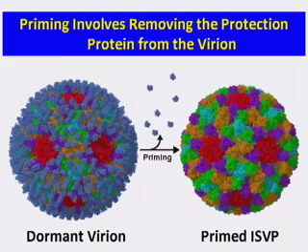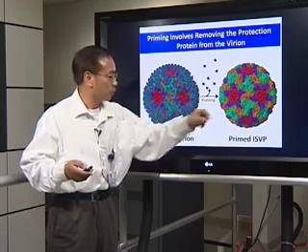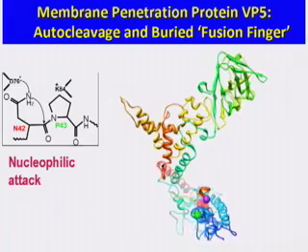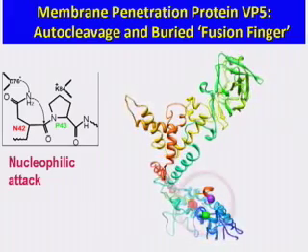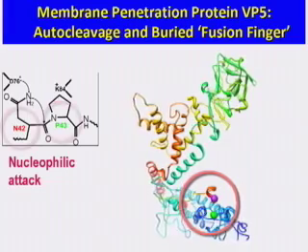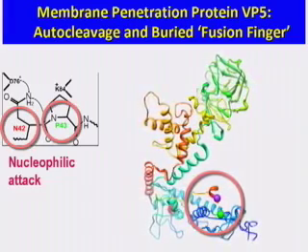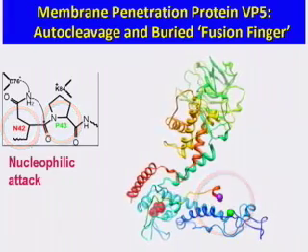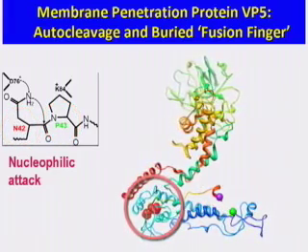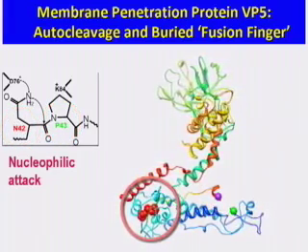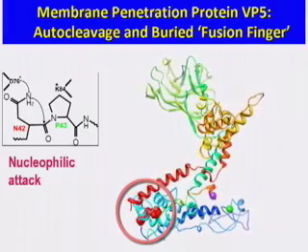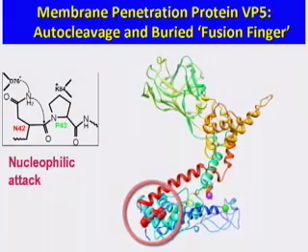And if you zoom into the VP5 protein on the outermost region of the SVP, as shown here, we can see that the protein is cleaved at amino acids 42 and 43. Interestingly, we also observe that the fusion finger, as shown here in red, remains buried in the protein after the autocleavage of the protein.